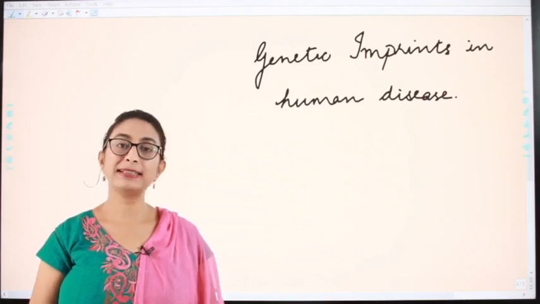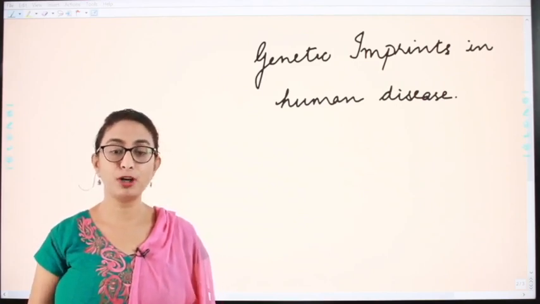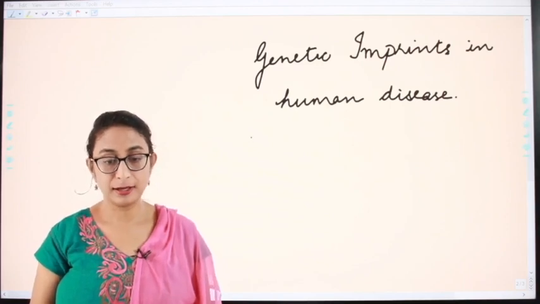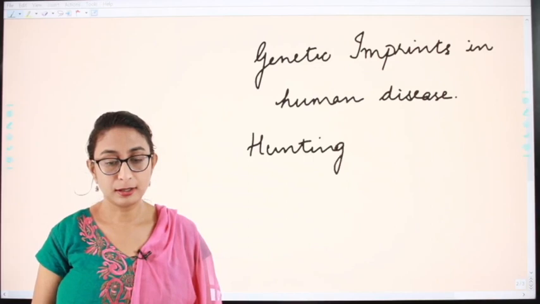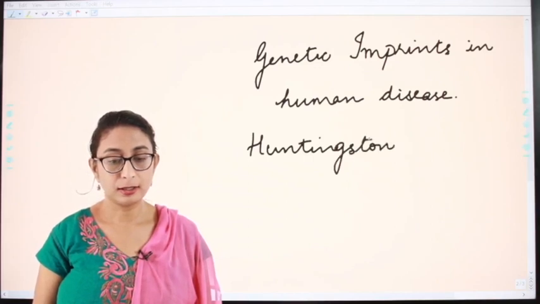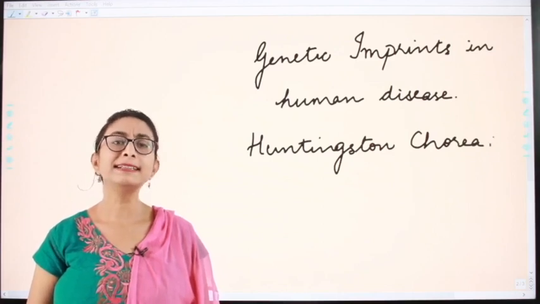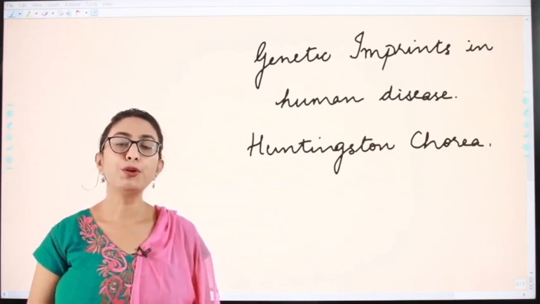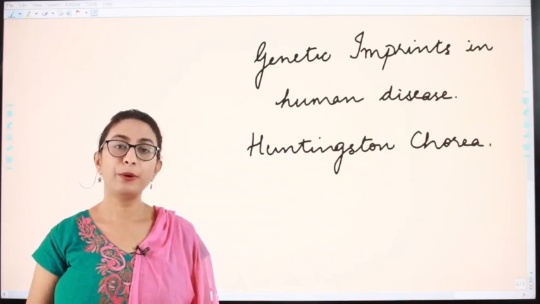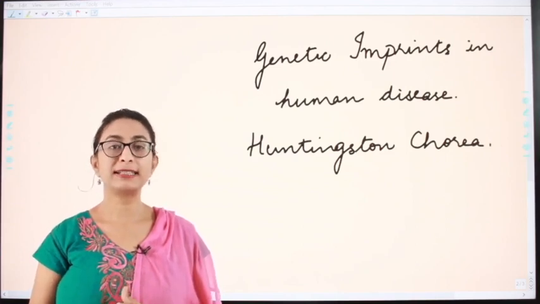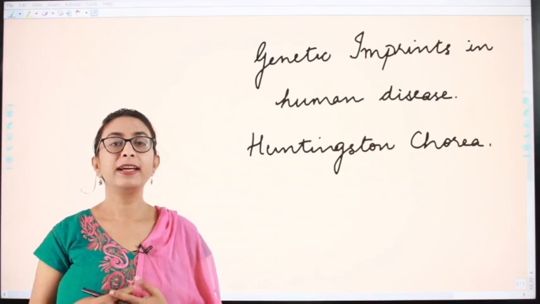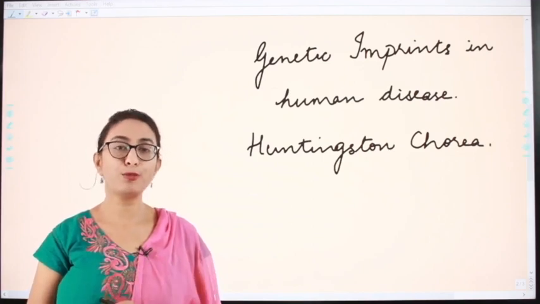I will explain this genetic imprinting taking the example of Huntington chorea. Huntington chorea is a neurodegenerative disorder where the person affected by this disease will make jerky body movements.